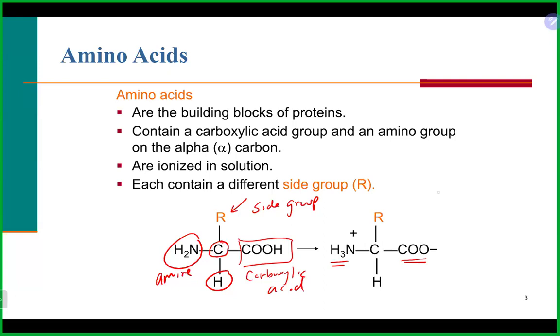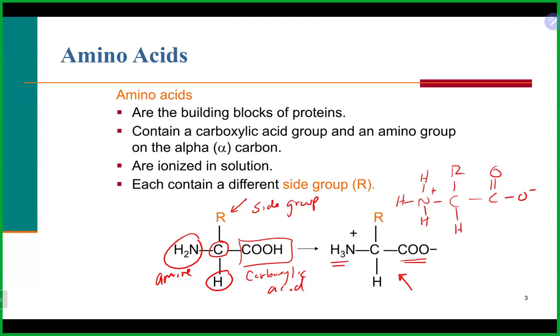This right here, just so we are clear, is still the carboxylic acid group, but missing a hydrogen. And this is the ammonia or amine, and then we have a hydrogen. So most of the time you'll see this ionized version of the amino acids.